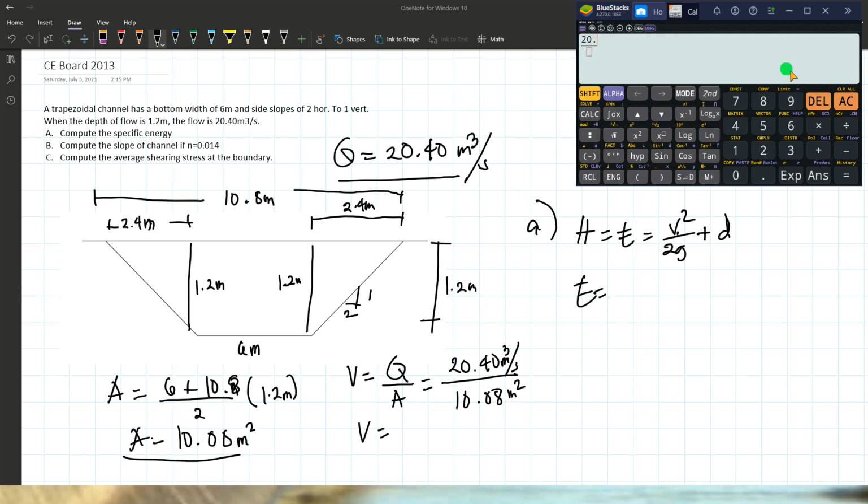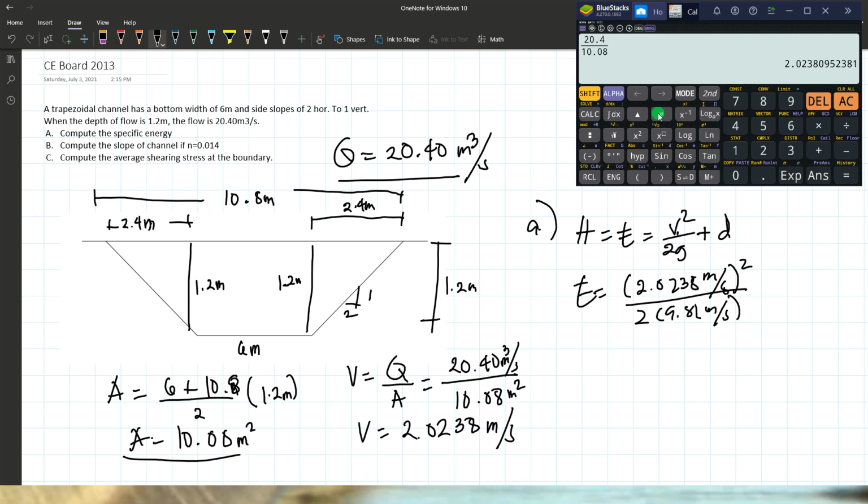20.4 divided by 10.08. Okay, the answer is 2.0238 meter per second. Substitute here, 2.0238 raised to 2 over 2 times 9.81 meter per second squared plus the depth of 1.2 meters.